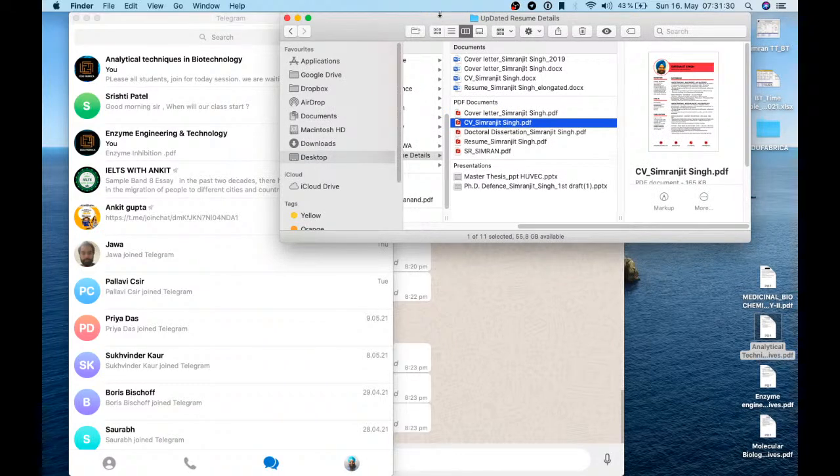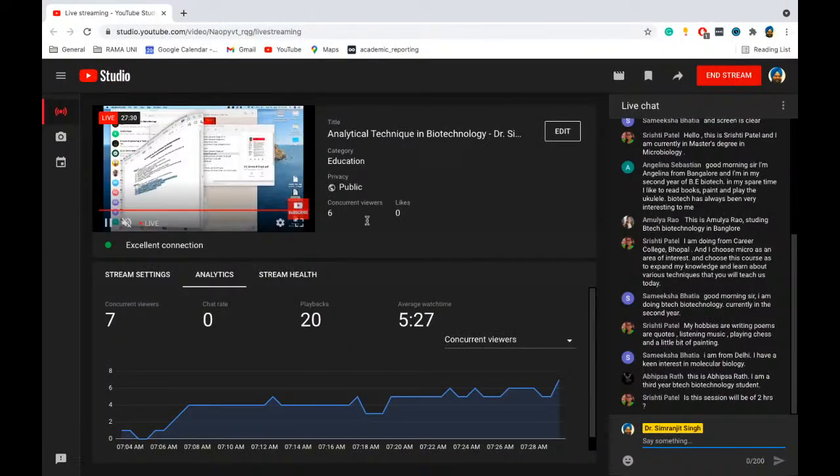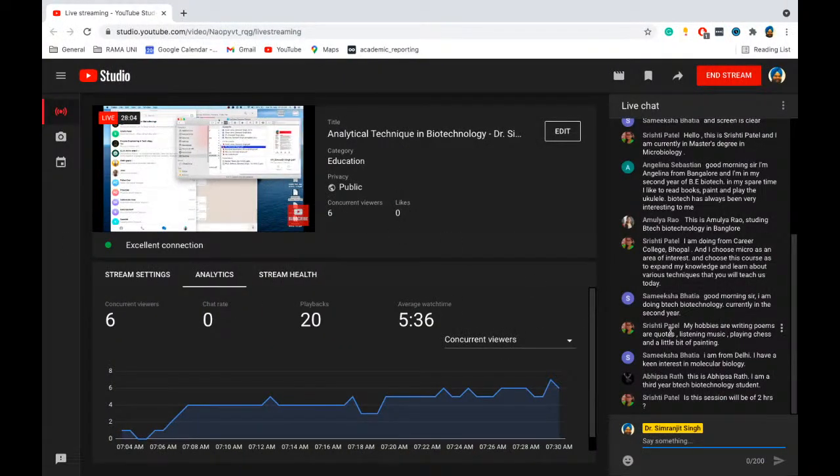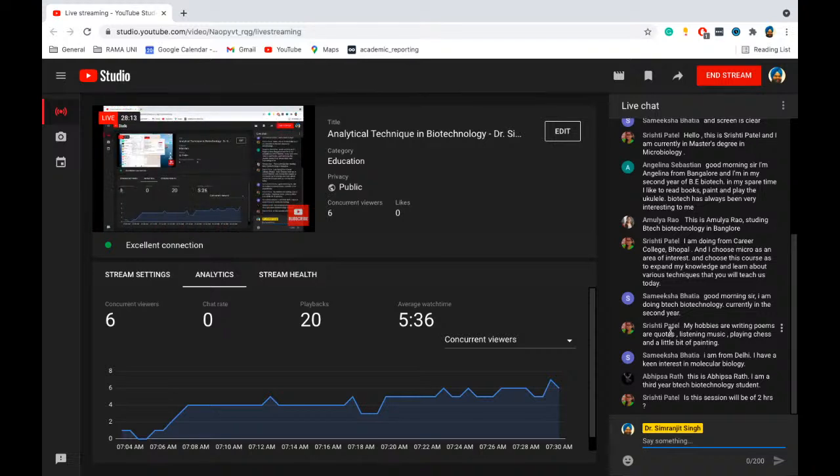So basically, we're going to start with techniques today. It's a pure technique subject, so there is nothing I have to teach you about the basics of biochemistry or molecular biology. If you have an analytical techniques course in your BTech, you might have 5 modules or units, and you go into detail with chromatography in 1 unit, spectrometry in 1 unit, centrifugation in 1 unit, microscopy in 1 unit.